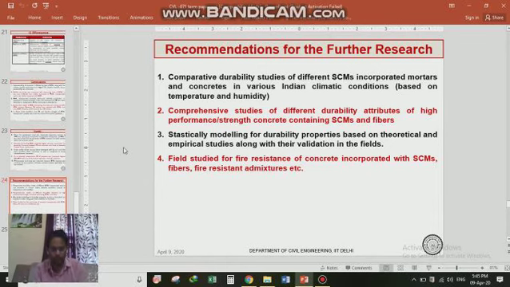As per ISO curve, we can conduct the field study on how the combination of SCM, fibers and fire resistant admixtures behaves.